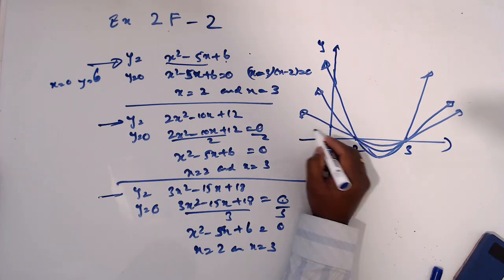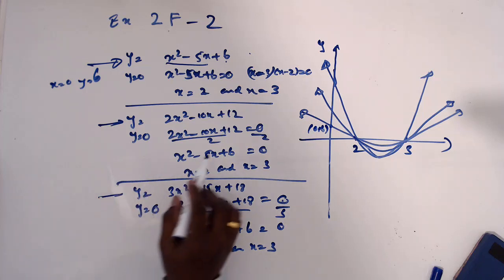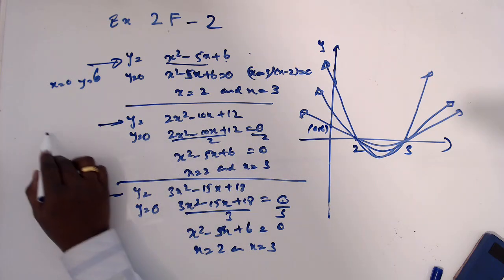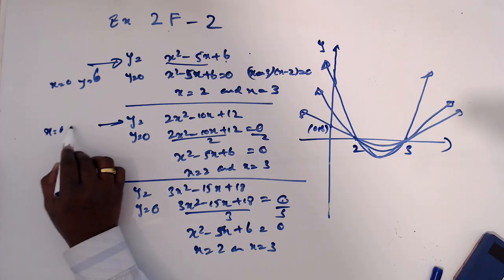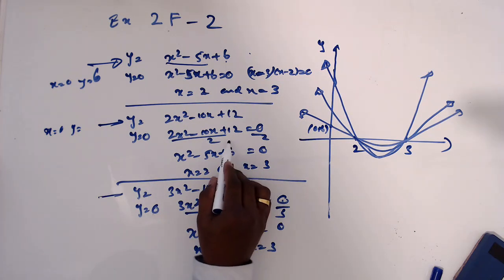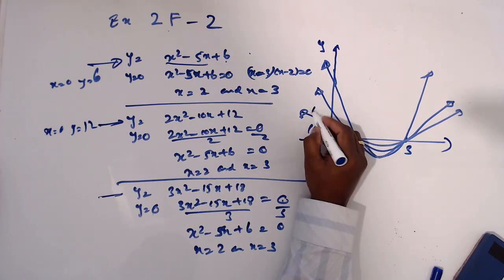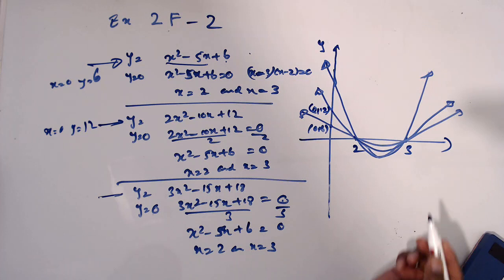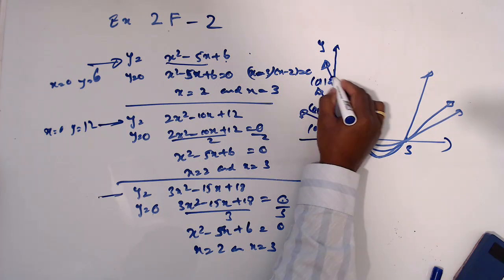Then this is 0, 6. Same as when at y-axis x equals 0, then y value is 12. Then this is 0, 12. Likewise, this is 0, 18.